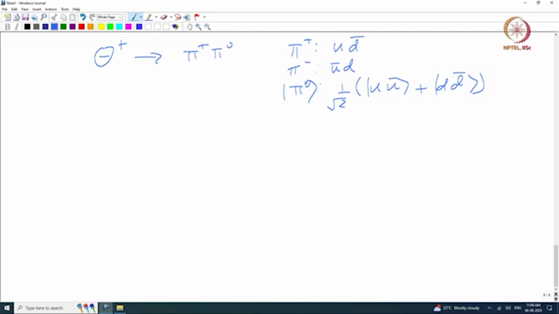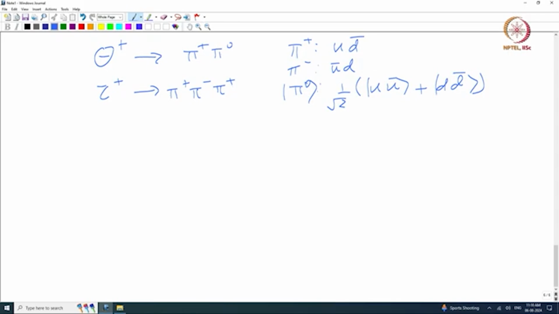So the theta was seen to go to pi plus pi 0, and the tau meson was seen to go exclusively to 3 pions. If they have two exclusive fingerprints like these, then they are different particles.